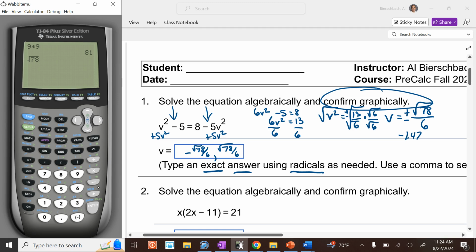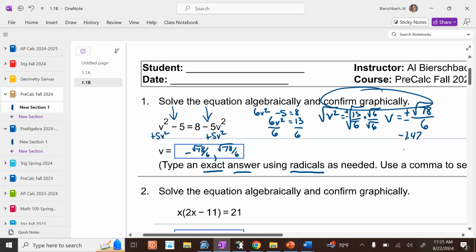And then on mine, I have to go over 6 like that. On yours, most of yours will do the fraction bar. You can make a fraction out of it by hitting something. I don't know what you hit. But mine, I have to go like that. Hey, look at 1.47, 1.47.